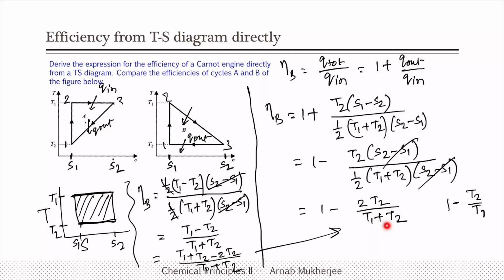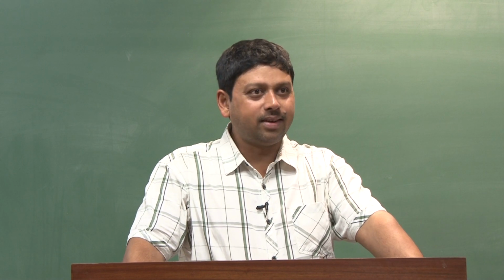Let us say, for example, we take arbitrarily close temperatures, let us say both of them very close to T 1, then it will have efficiency 1. So, if T 1 equal to T 2, what will happen? It will be 1 minus 2 T 2 by 2 T 2, it will be 0. So, they will come closer and closer, and of course it will not work.